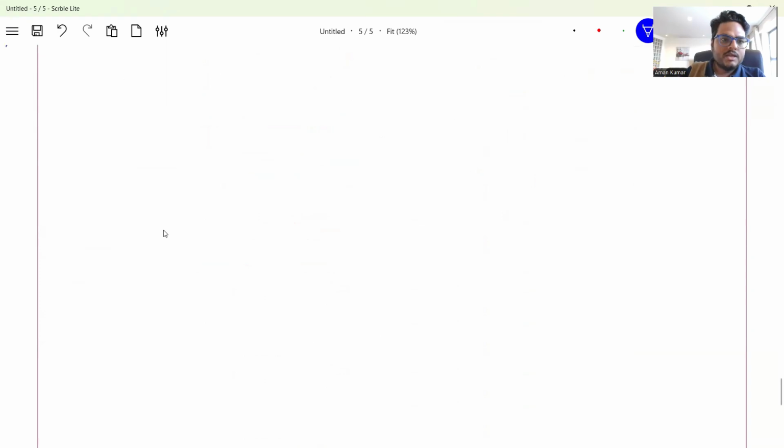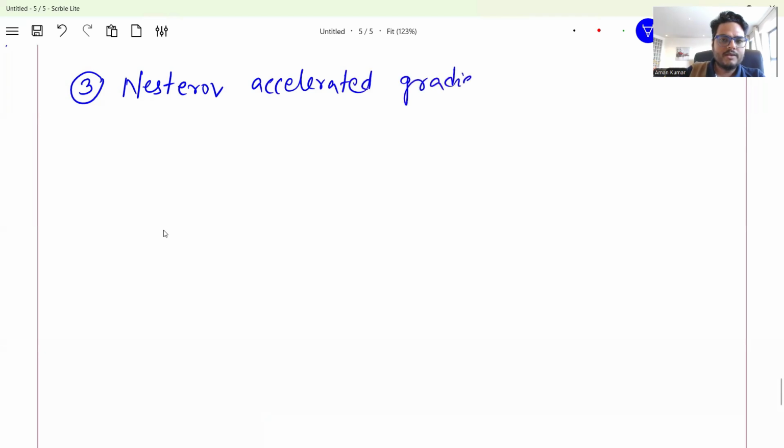The next one that we are going to understand here is known as Nesterov accelerated gradient. This is another optimizer, the third optimizer. It is very similar to momentum, just a minor change from momentum.